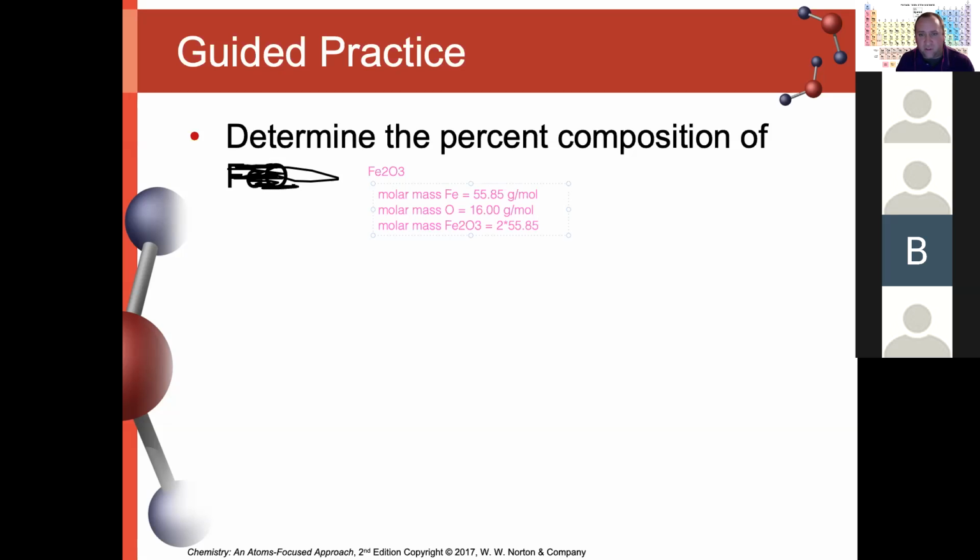The only difference would be that we would have slightly different molar masses to consider in that denominator, and we would do the numerator slightly differently as well. So 2 times 55.85 plus 3 times 16, 159.70.